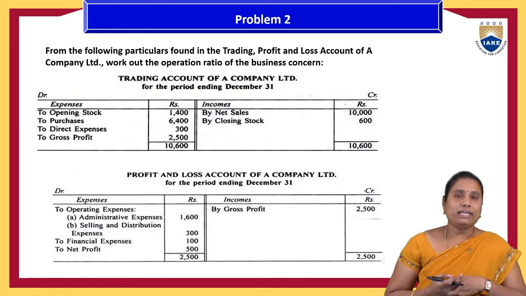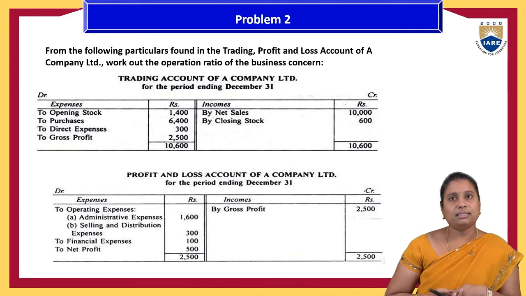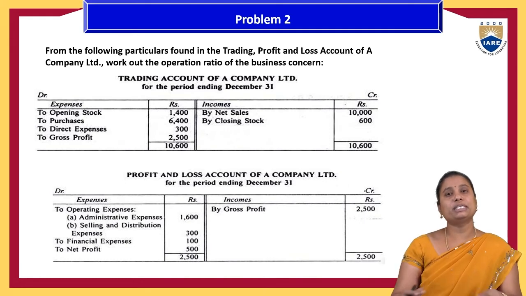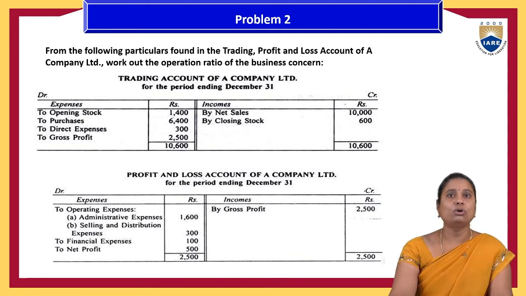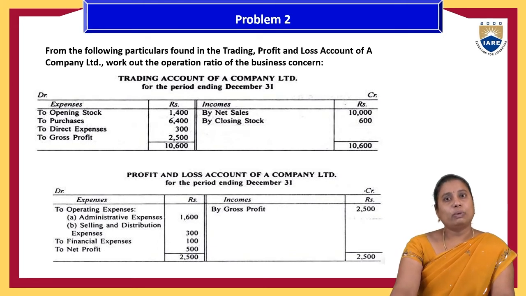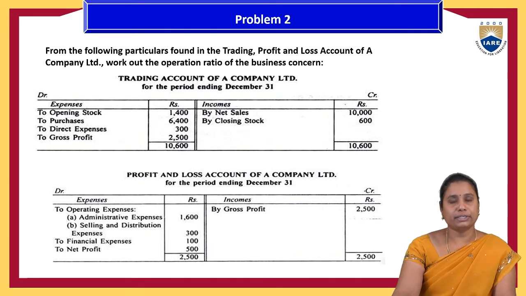Same as this one, from the following particulars, find out the trading and profit and loss accounts provided, the trading and profit and loss account of a company. Work out the operating ratios of the business concerned. Operating ratios means gross profit ratio, net profit ratio, working capital ratio. These are all called operating ratios.